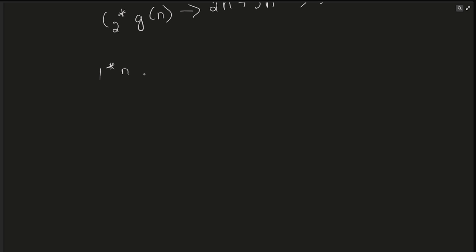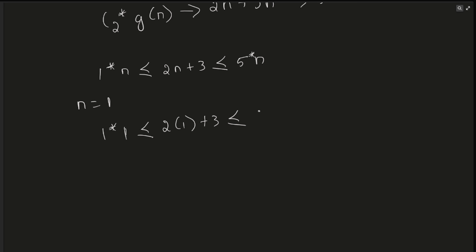1 into n less than or equal to 2n plus 3, which is less than or equal to 5 into n. Let's consider n as 1 again here. 1 into 1 is less than or equal to 2 into 1 plus 3, which is less than or equal to 5 into 1. 1 is less than or equal to 5 is less than or equal to 5.